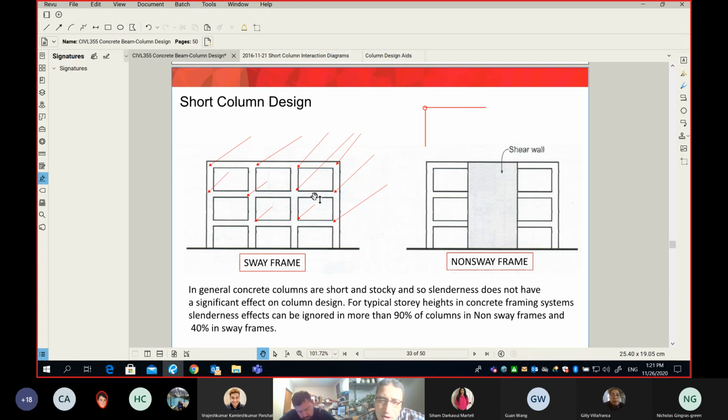But on this picture on the left, once the beam tries to rotate, the column will say, okay, I'm here, I'm going to restrain you. And this connection makes your building able to resist lateral loads only if the connection between the column and the beam is a rigid connection. Are you following?